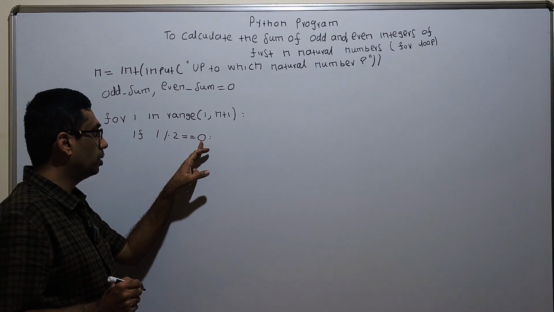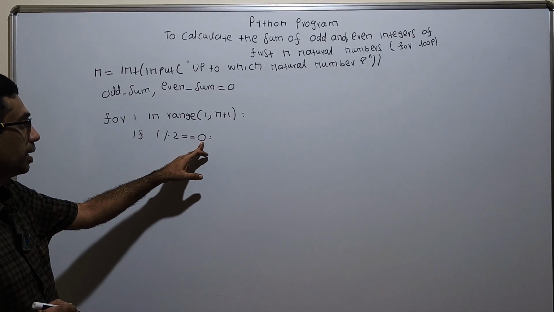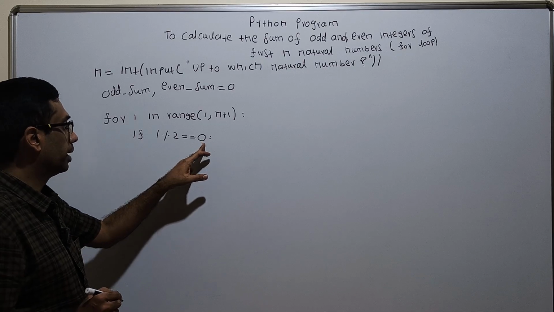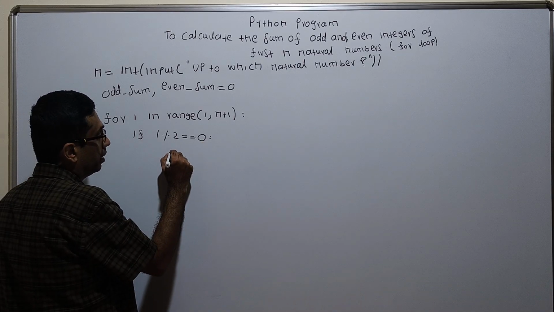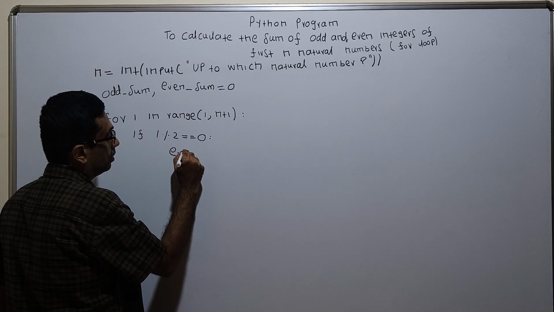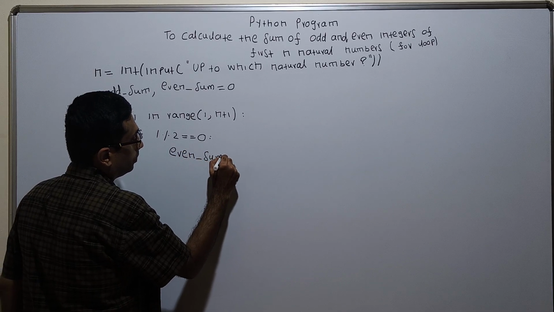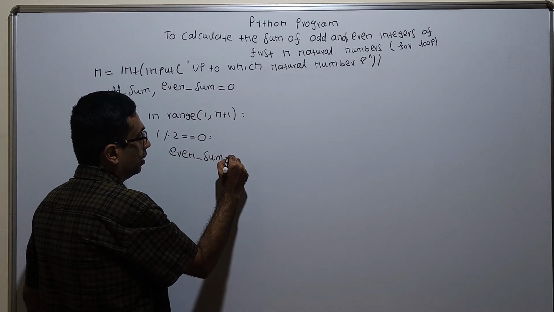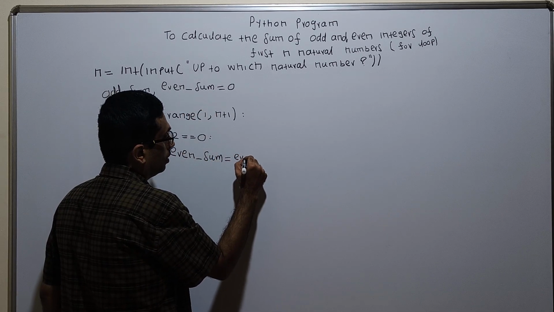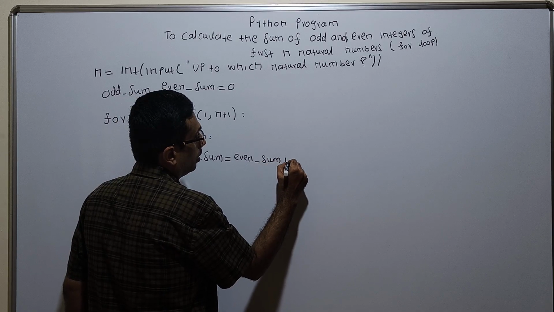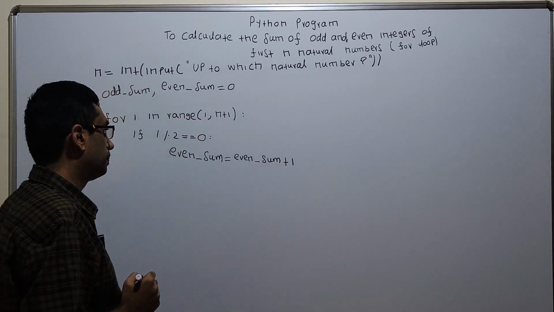If the remainder is 0, the number is an even number, because when you divide an even number by 2, it always returns 0. So here I am adding: even_sum equal to even_sum plus the variable i.